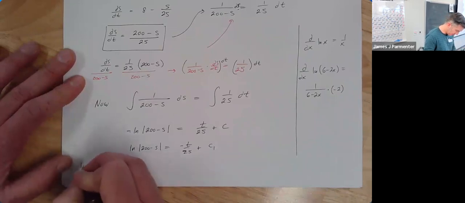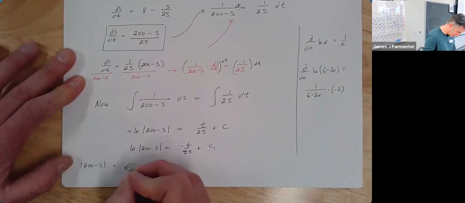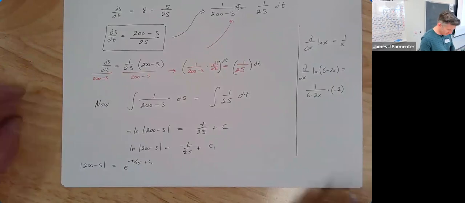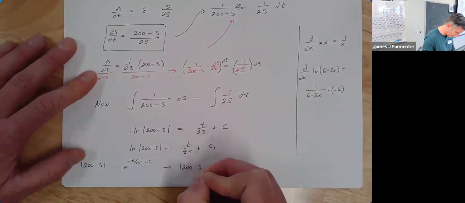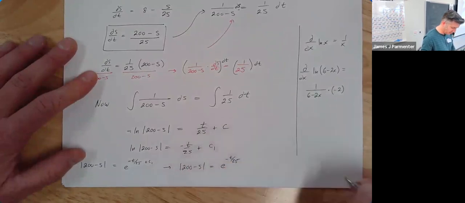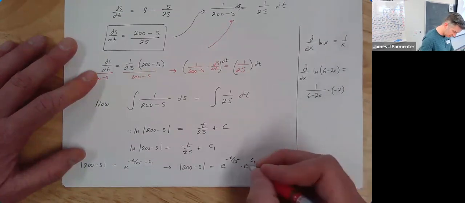So you have the absolute value of 200 minus s equal to e to the negative t over 25 plus c1. And then we rewrite it as the absolute value of 200 minus s equal to e to the negative t over 25, and e to the c1, and that's a new constant.